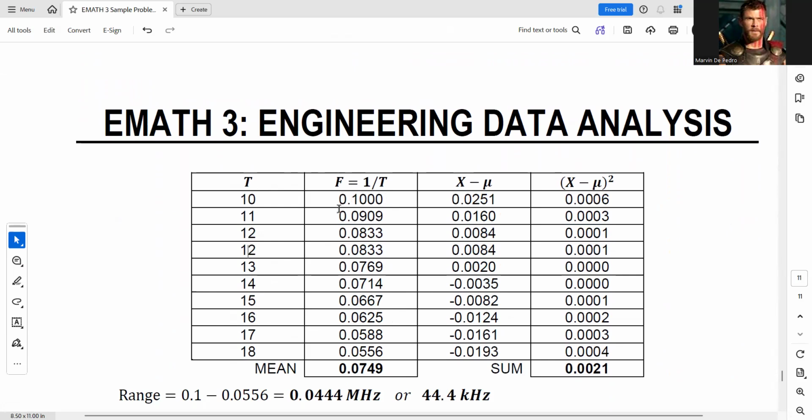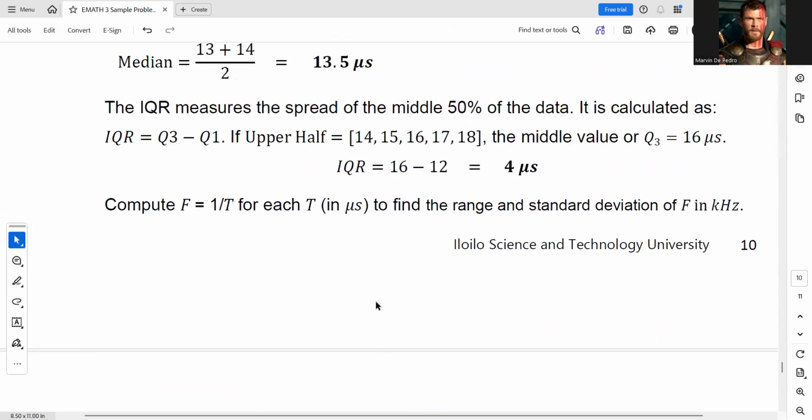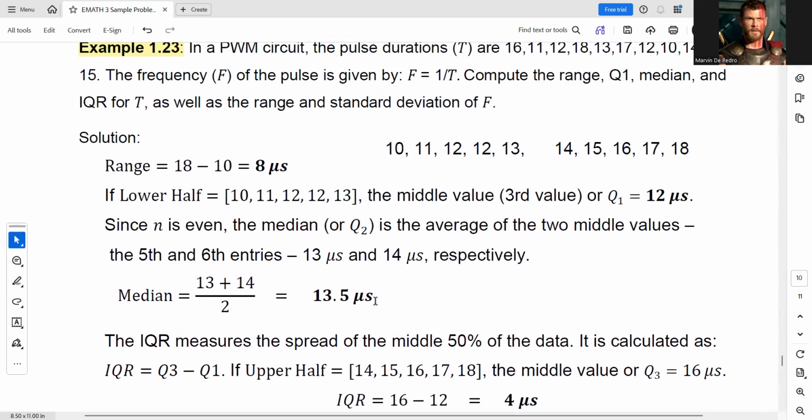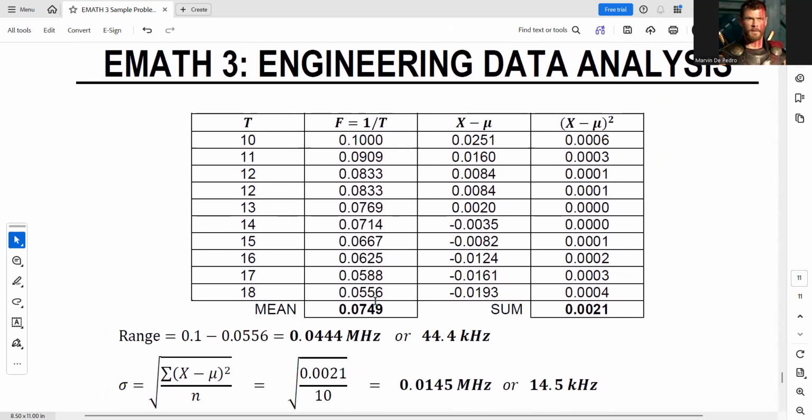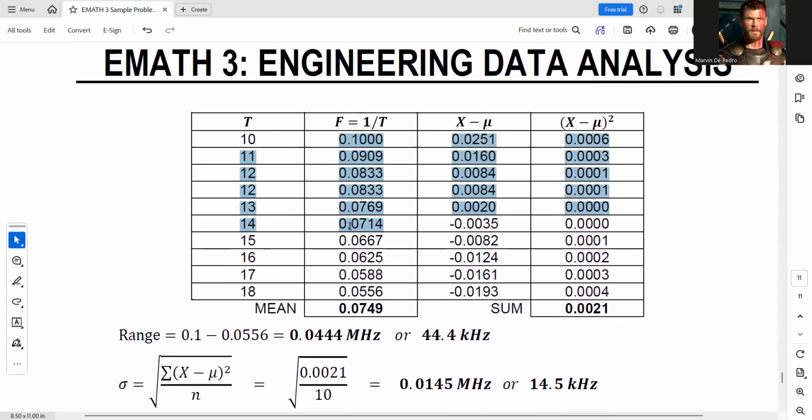So just take the reciprocal of this first column so we can have our values of f. Now, each of these will now be our new x's. So these are new data points. And first we have to take the mean. Do we have the mean? Not yet. Okay, so we take the mean of the values in this column.